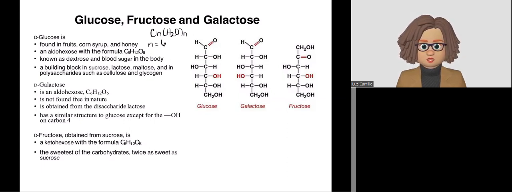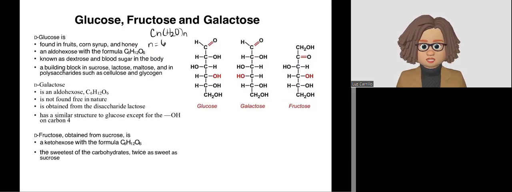Galactose, out of these monosaccharides, is the only one that is not found free in nature. So you don't see galactose as a unit by itself. It exists in nature because it can be obtained from a disaccharide. And as a reminder, a disaccharide is a carbohydrate with 2 units of monosaccharides. Specifically, lactose is the disaccharide where galactose can be obtained from.